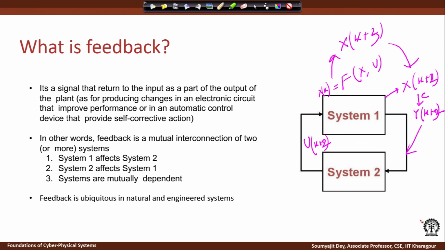So, there will be an external input based on which the system will do something, and based on what it does, it will observe what happened, and then based on its observations, y, it will again do something, u, and again your system will change, the world will change, and these changes in the world will again update y, and based on those changes you will again generate a u, and that is how this feedback loop will act.